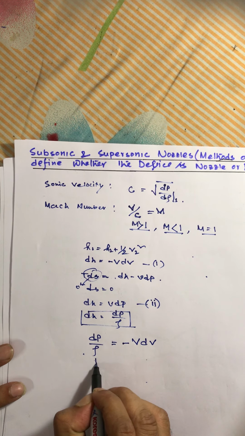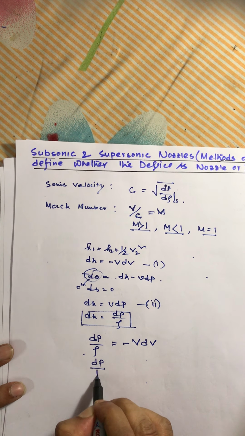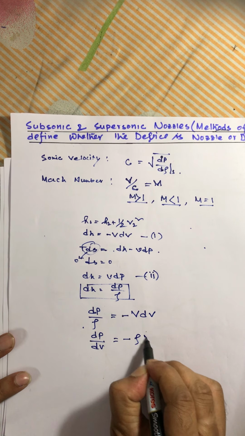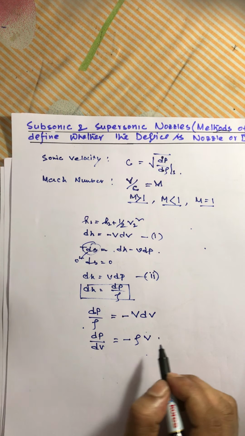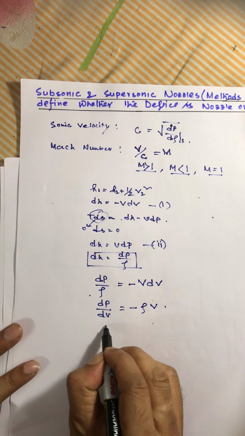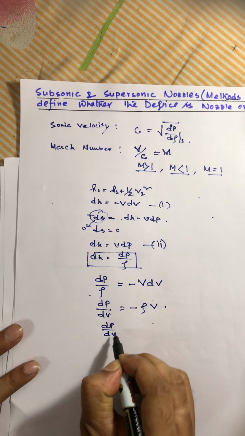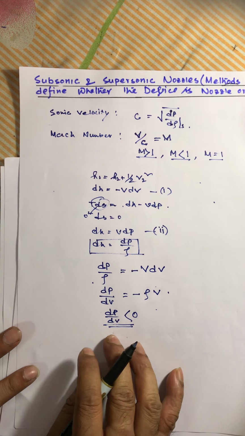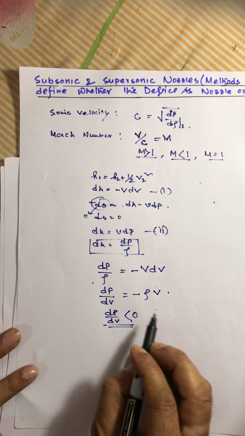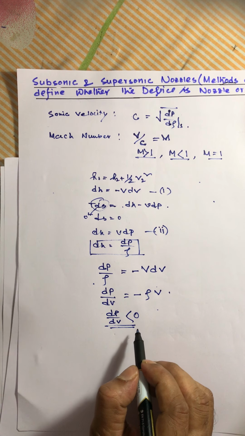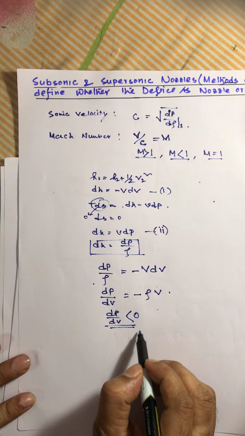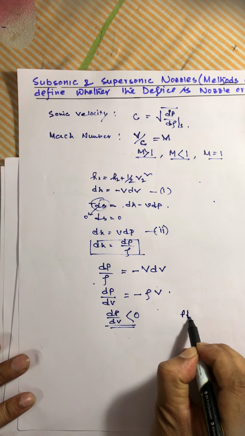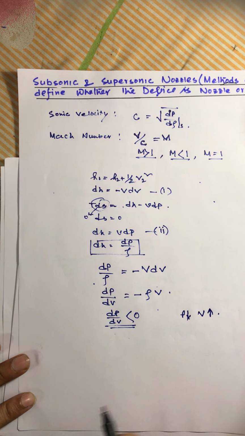So, dP by dV is equal to minus rho V. That means dP by dV is less than 0. Therefore, as pressure decreases for flow through a nozzle, the velocity will increase. The pressure will decrease, velocity will increase.